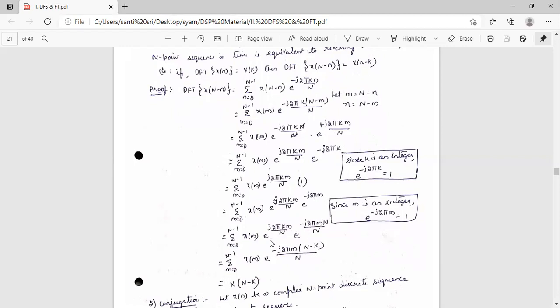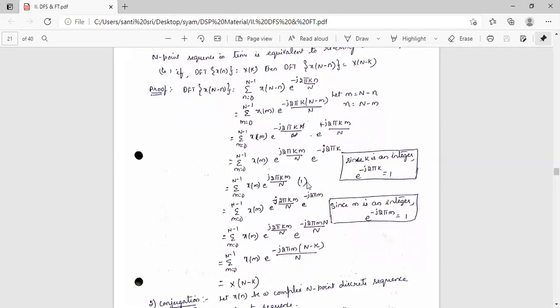So it is equal to e power j 2 pi km by N into e power minus j 2 pi m into N by N. Here e power minus j 2 pi m by N can be taken as common, so that it will become N minus k. Finally, it is X of N minus k.